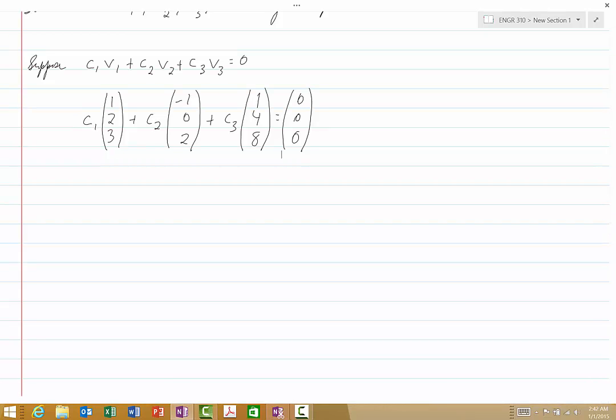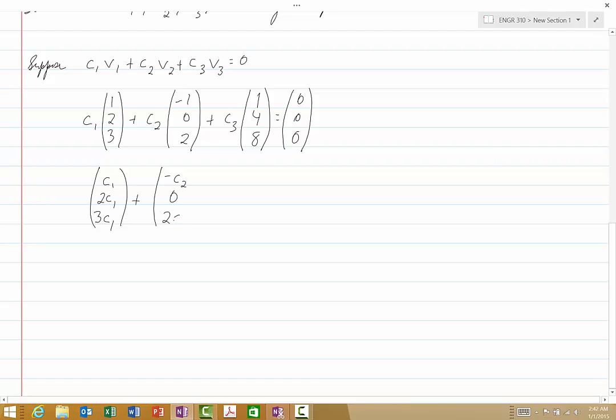Now, this is the same thing as saying C1, 2C1, 3C1 plus negative C2, 0, 2C2 plus C3, 4C3, 8C3 is equal to 0, 0, 0.